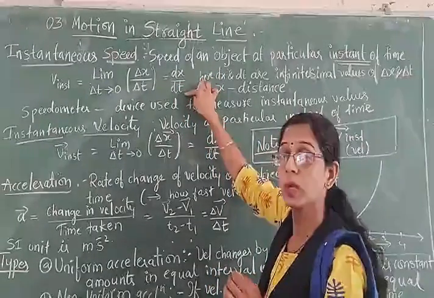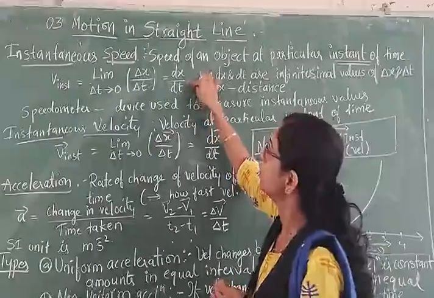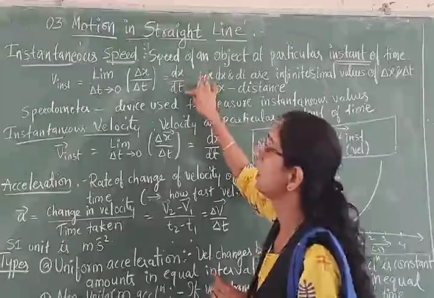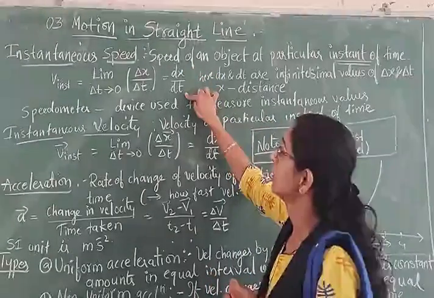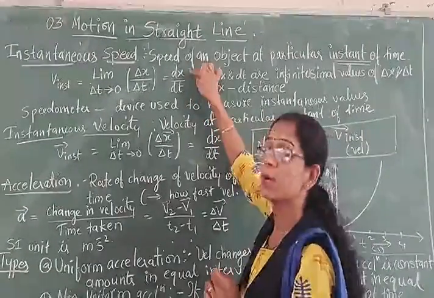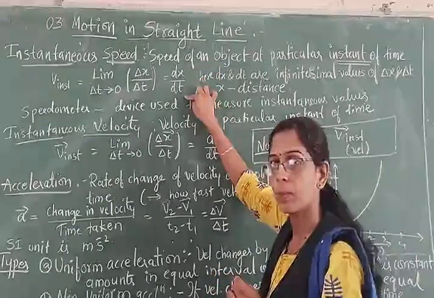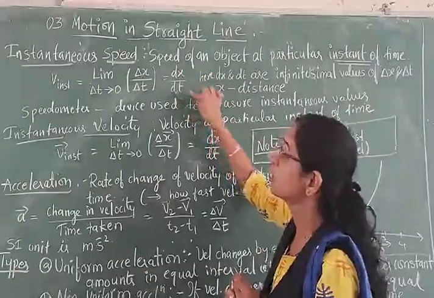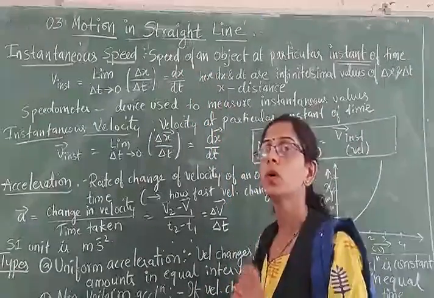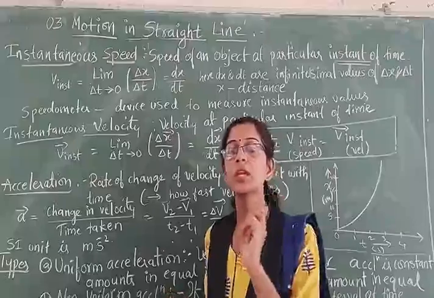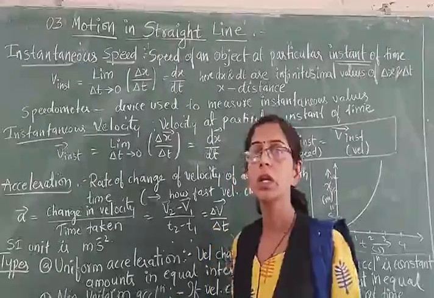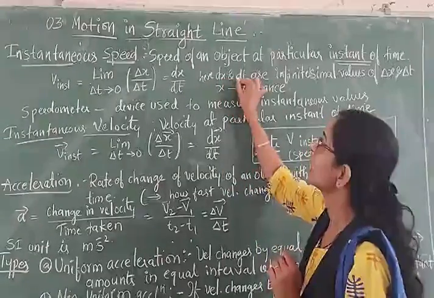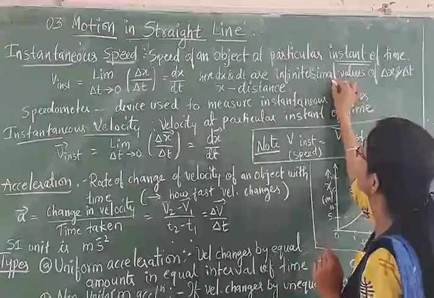The dependent variable x will be in the numerator, and the independent variable will be in the denominator. So t doesn't depend upon x, whereas x depends upon t. Differentiation of x with respect to t will give you the numerical formula for measuring instantaneous speed.